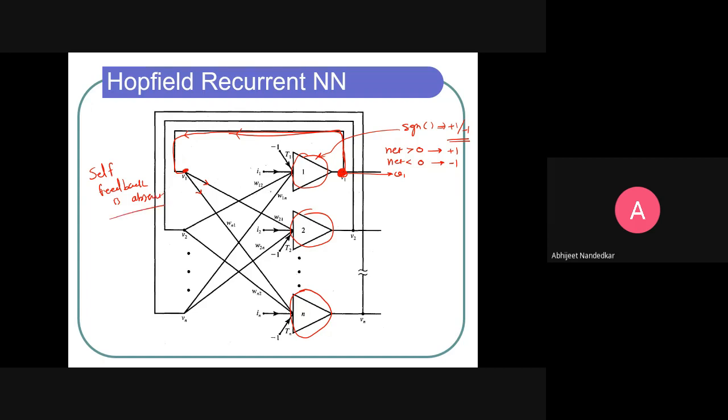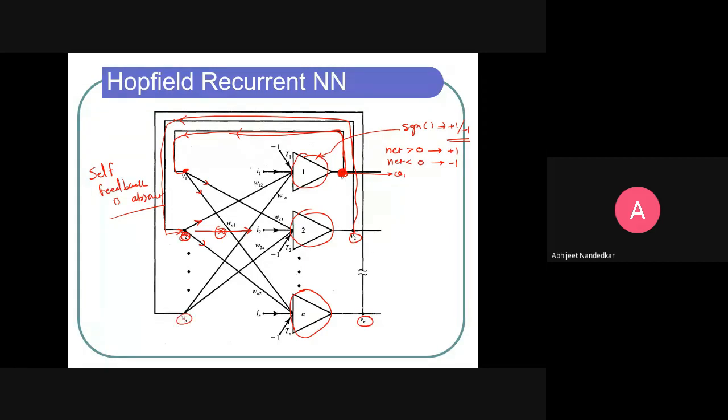You take any neuron, you will see that its output, suppose I take this V2, output is fed back, it is coming here as V2. So this V2 is here, and it is distributed to all neurons except this neuron. Okay, so there is no connection. You can check for the last one also.